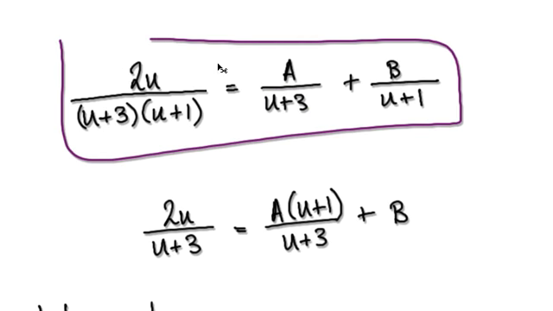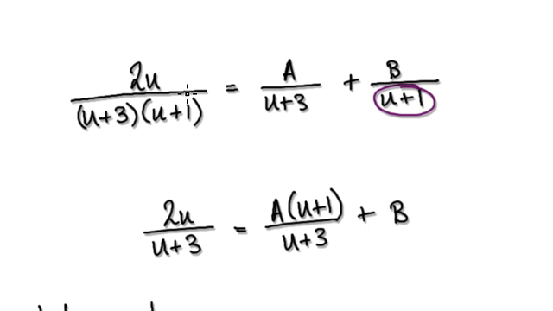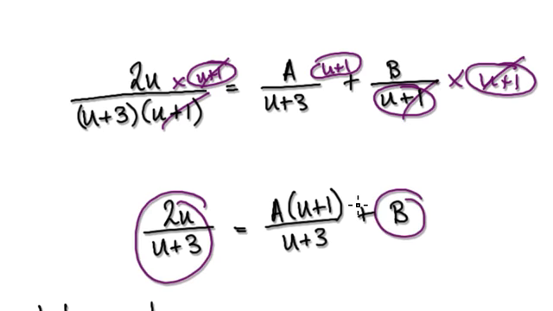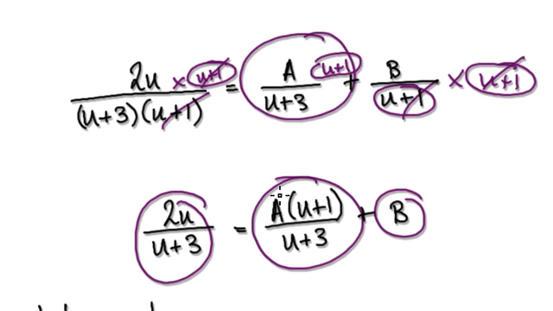When you're here, this time times everything by this. Sorry, times everything by u plus 1, and then times this by u plus 1, times this by u plus 1. Then these two will cancel out, leaving you with this. These two will cancel out, leaving you with b, and this thing here will stay the same.